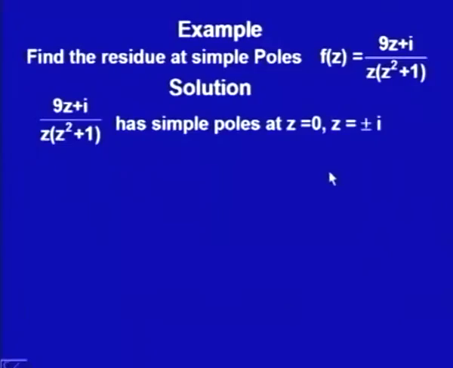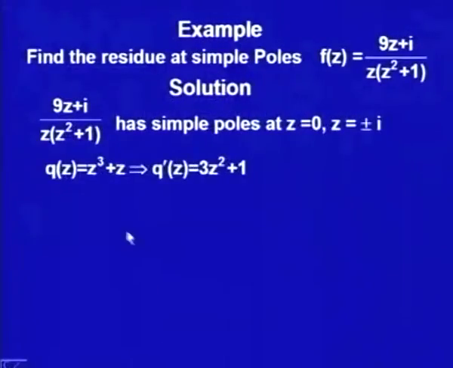So, let us find out the residue at all these isolated singular points, that is, at all these simple poles. We would use the formulas we just found. If I find the residue at z equal to 0, my denominator is z cube plus z.